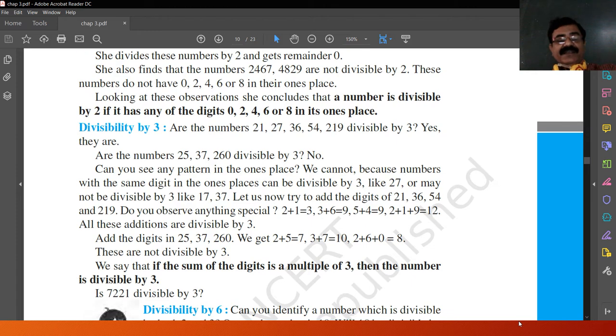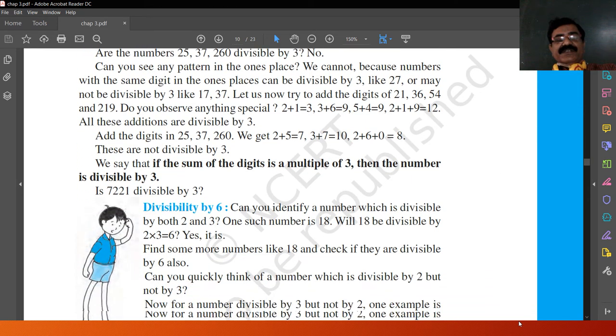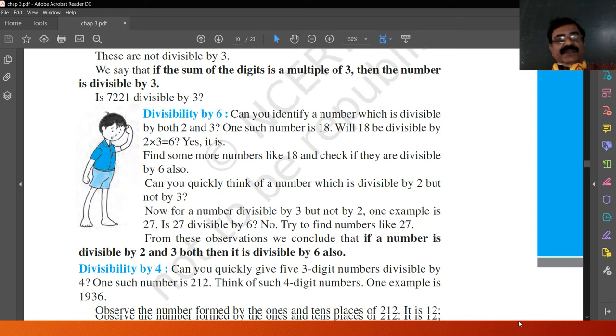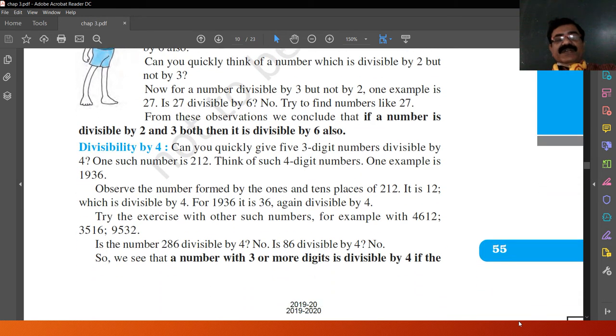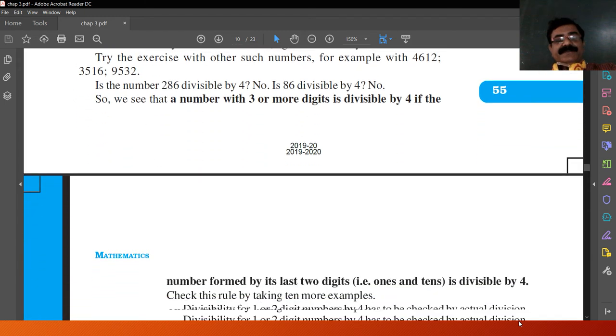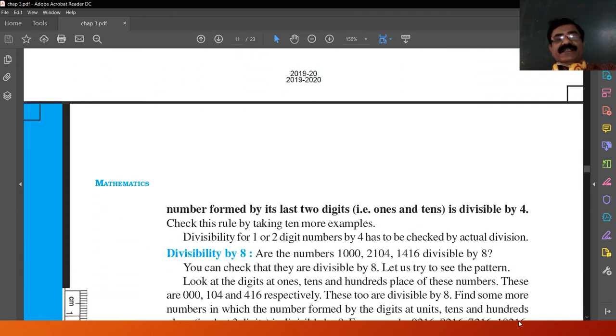In divisibility of 6, if a number is divisible by both 2 and 3, then it is divisible by 6 also. Now the divisibility of 4: a number with 3 or more digits is divisible by 4 if the number formed by its last two digits, ones and tens, is divisible by 4.